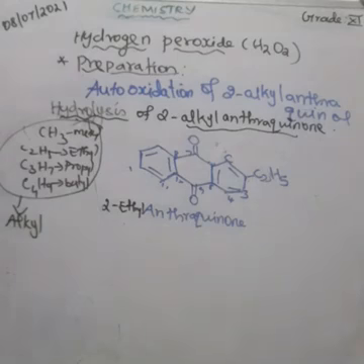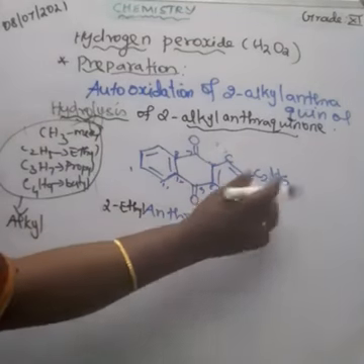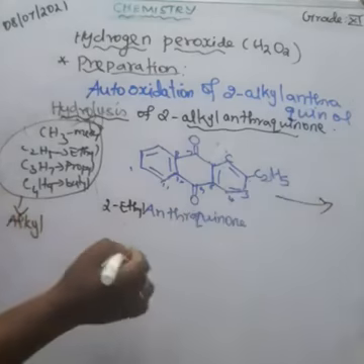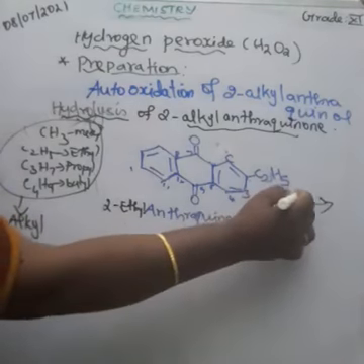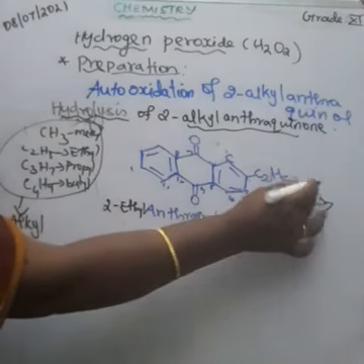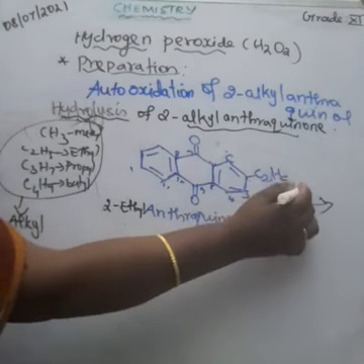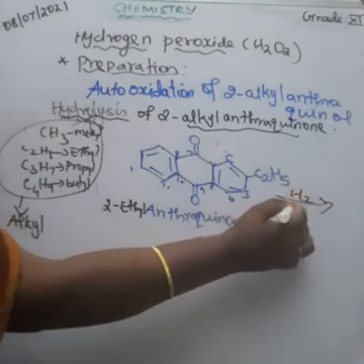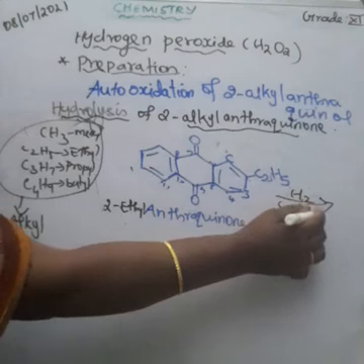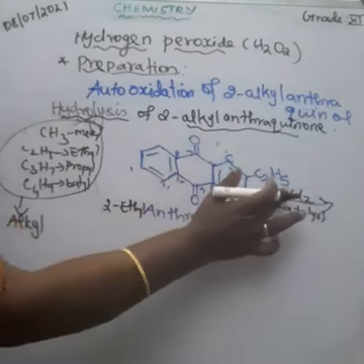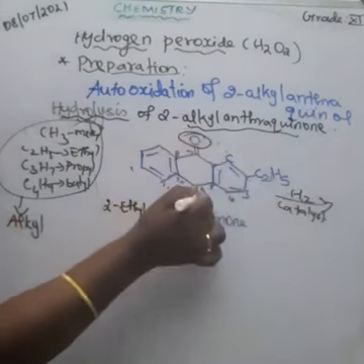Then this 2-ethyl anthraquinone is reduced with hydrogen, H2, with a catalyst. These 2 hydrogen atoms combine with the quinone compound.